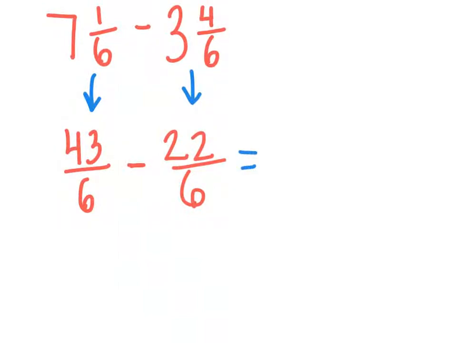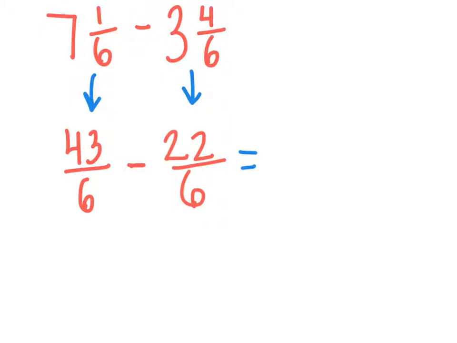Now, just like we did when we did adding and subtracting fractions without mixed numbers and whole numbers included, we said as long as they have the same denominator, you can add or subtract across. So, we have this common denominator of 6, which allows us to just subtract right across.